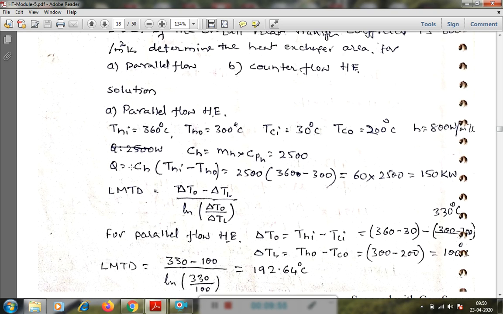We already know that CH is equal to MHCpH, that is 2500. Then Q is equal to CH times Thi minus Th naught, which is the heat lost by the hot fluid: 2500 is given, inlet temperature is 360, outlet is 300. From that we will get the heat transfer rate.